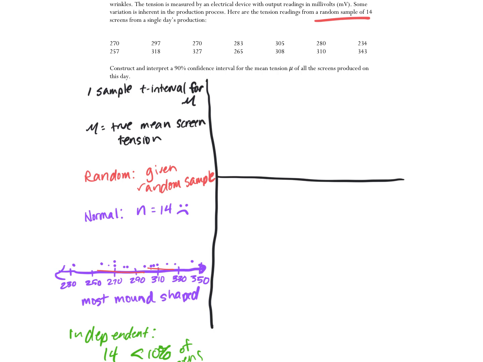So we're going to go to stat. We're going to arrow over to tests. And as I do this, tell me when you see something that might help me do a one sample t interval. How about number 8 that says t interval? So you're going to pick the t interval.